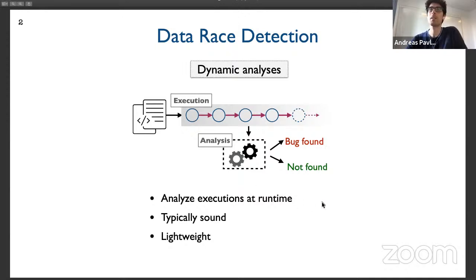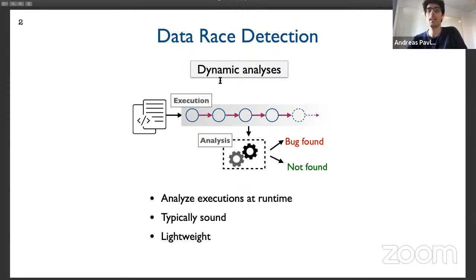The problem we're looking at is data race detection, a very widely studied problem that goes back several decades. There are many different techniques to attack it. Most are dynamic techniques, in the area of dynamic analysis.